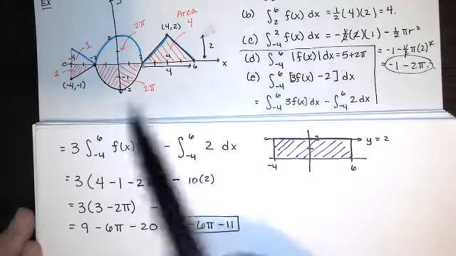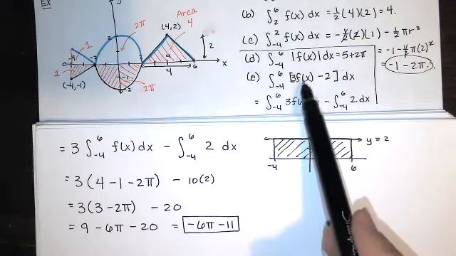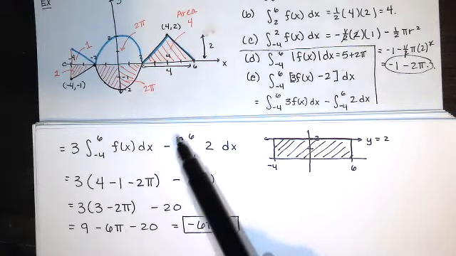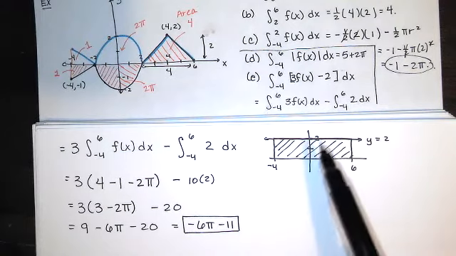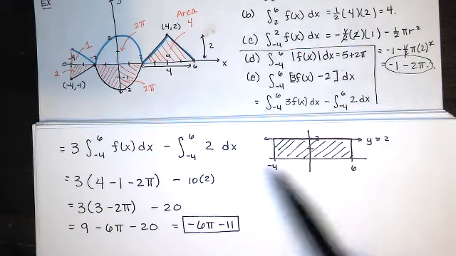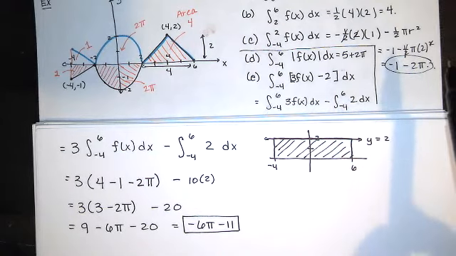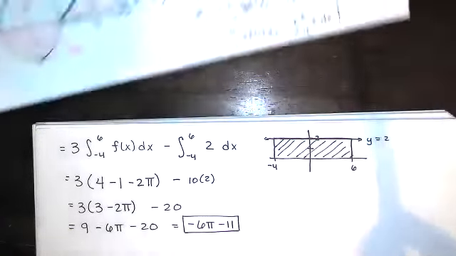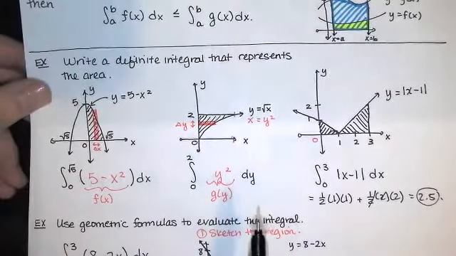So we had to use our geometric formulas for area. We had to use that property that we can factor out the 3. We had to remember how to get this. Since it's just a horizontal line, we could draw the picture and find the area that way. Now we'll also have shortcuts that involve antiderivatives for evaluating this and this.